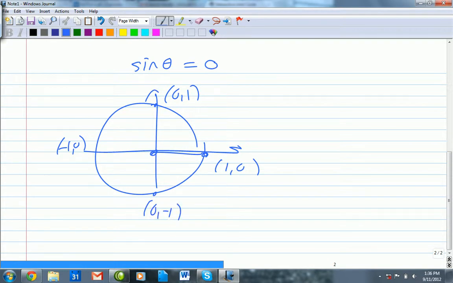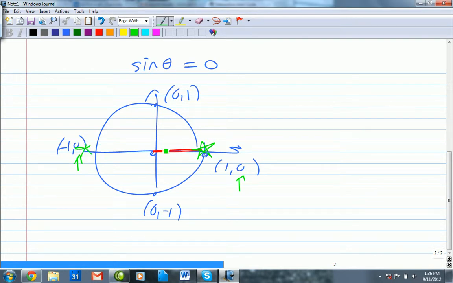Right? So if I begin here, in the initial position, I want to end at a point which has a 0 y value. And those y values are 0 here and here. So any angle of rotation about the origin that will land me at one of these two terminal points will have a sine value of 0.